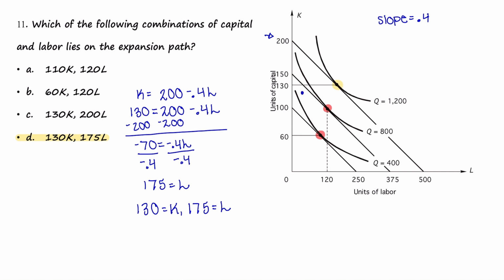So that's not even close to being on that line. 60K and 120L would be like right here, which isn't on the line. So really, you're only left with one of these two anyway. So even without having to do that much math to mark out the other two, just kind of choosing one and seeing which one works.